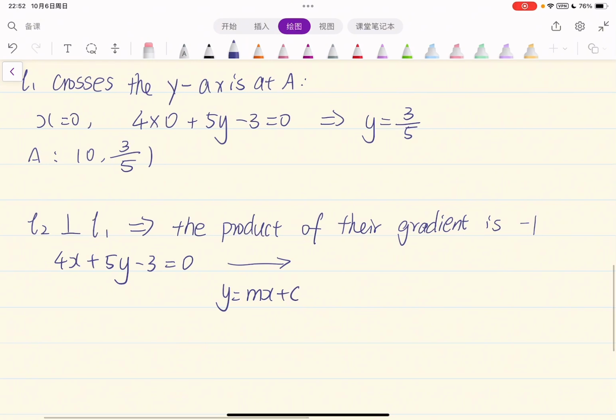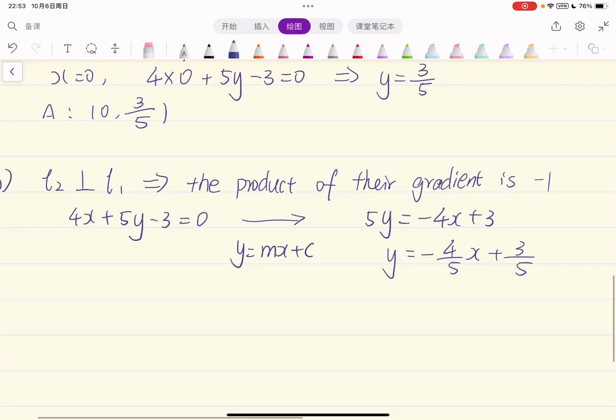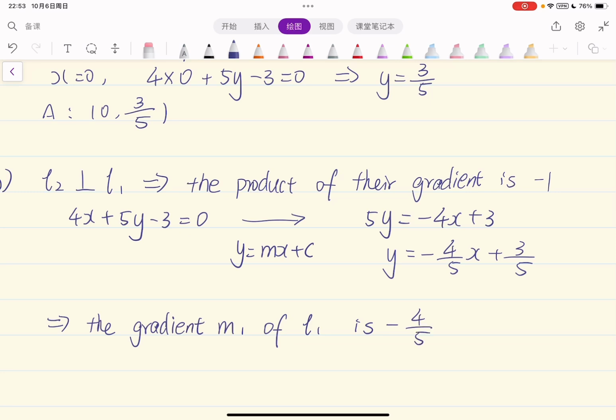We have 5y equals minus 4x plus 3, so y equals minus 4 over 5 x plus 3 over 5. Then the gradient m1 of the line L1 is minus 4 over 5.